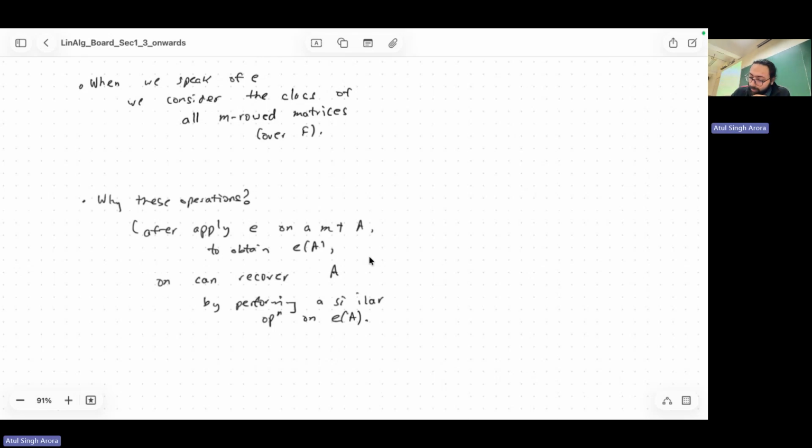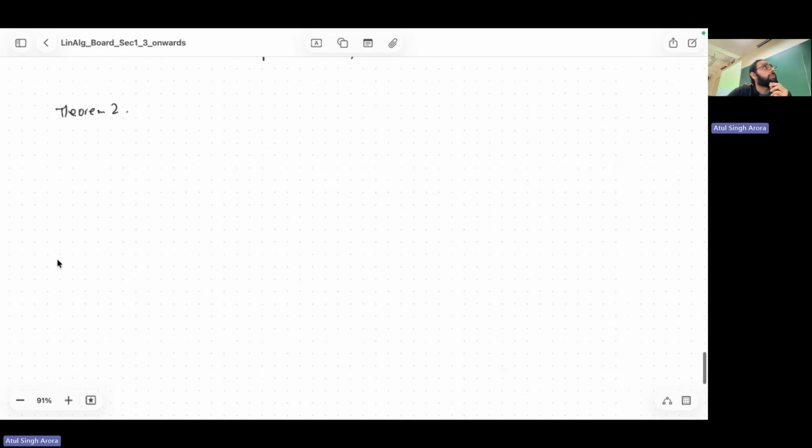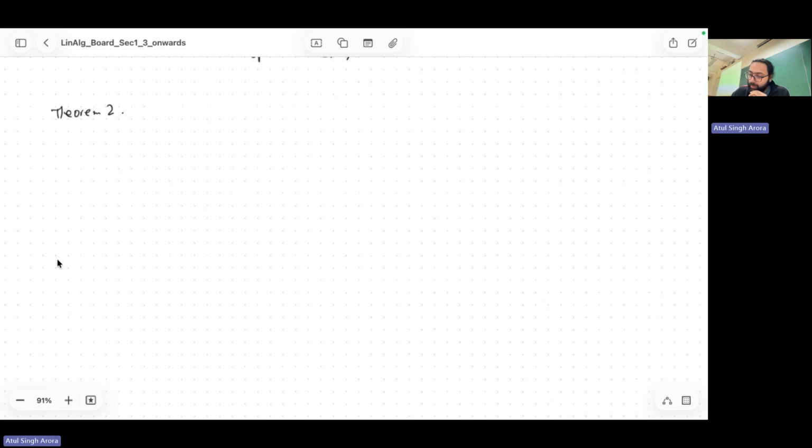Okay, so Theorem 2. Theorem 2 says the following.